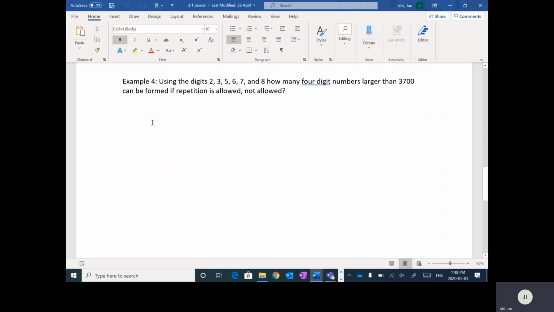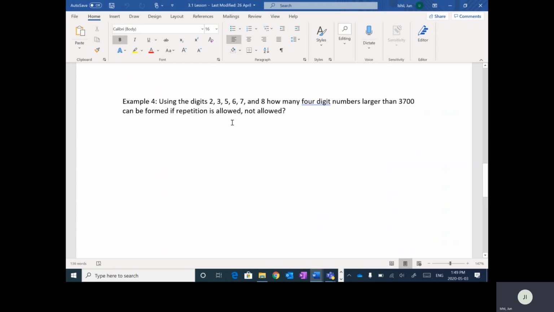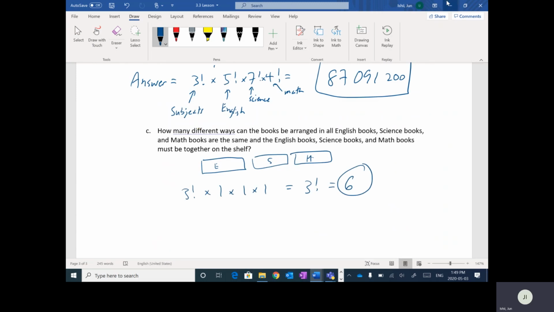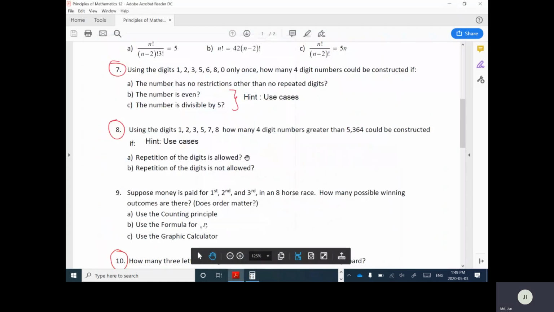So check, they're similar to this one here, example 4 from the 3.1 lesson. All right, so if you need a little refresher, you can watch the 3.1 lesson. It's the 4th example, right, where I split it up into cases. That's what we're going to need to do for 7 and 8. Okay, so that's why it says use cases.